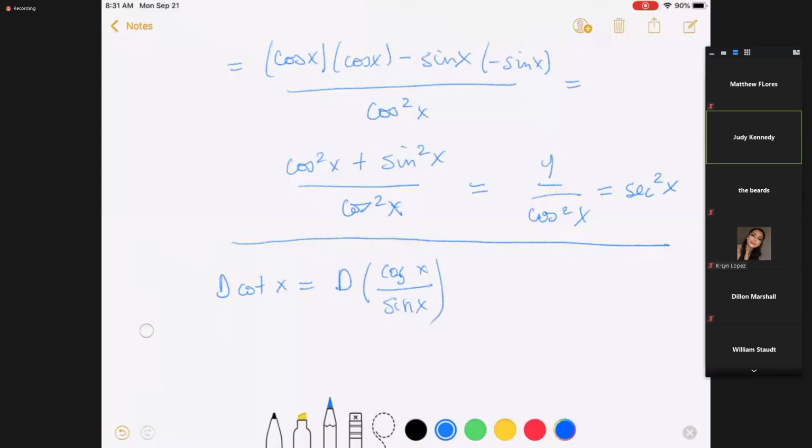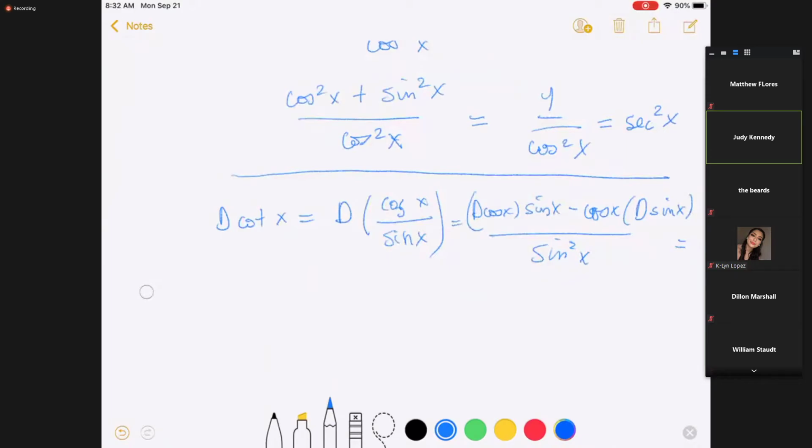So that would be, again, a quotient of two functions. So it's a derivative quotient rule. Derivative of cosine x times the sine of x minus the cosine of x times the derivative of the sine of x over the sine squared of x.